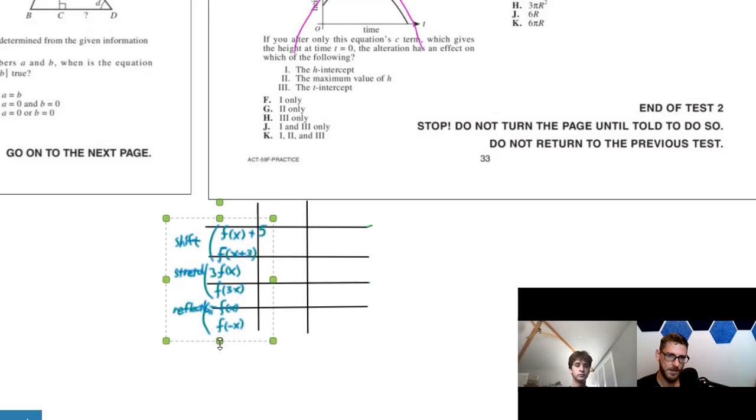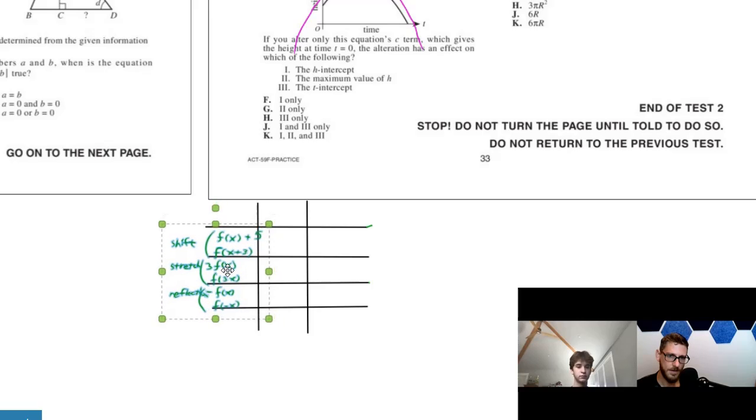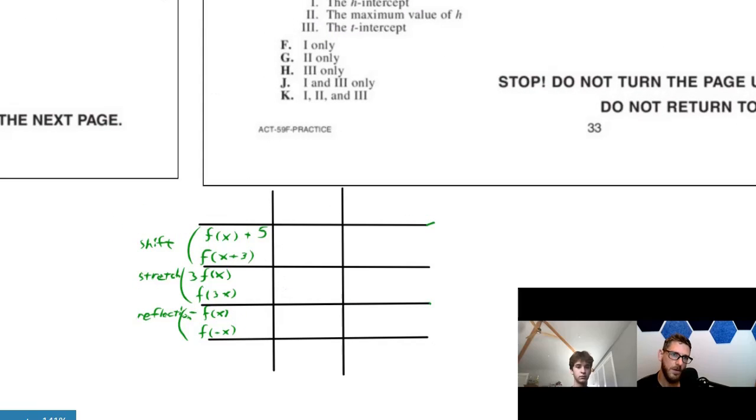Let's see if I can get that to fit. So outside is vertical and inside is always horizontal. Boy, I'm really cramming that in there. So outside would be up or down, up positive, down negative.